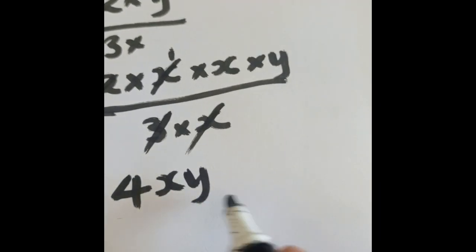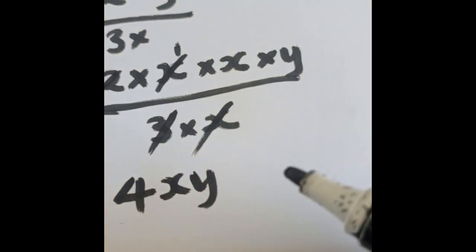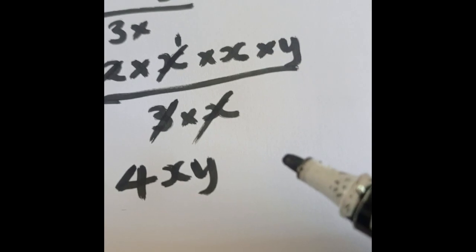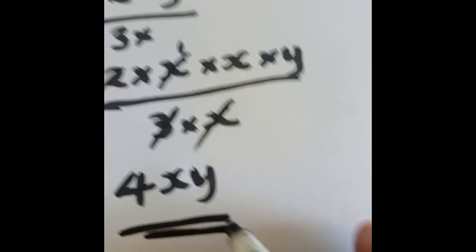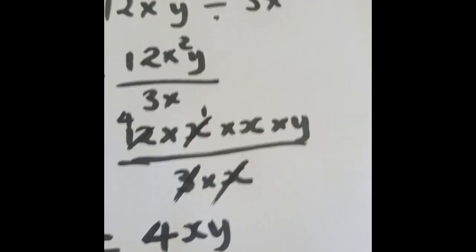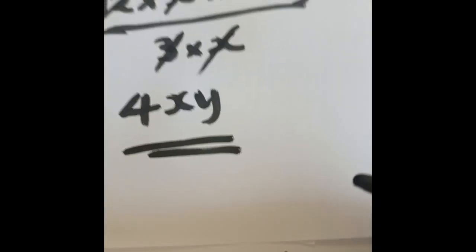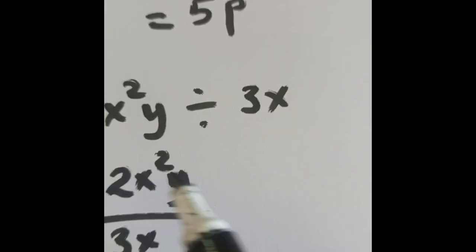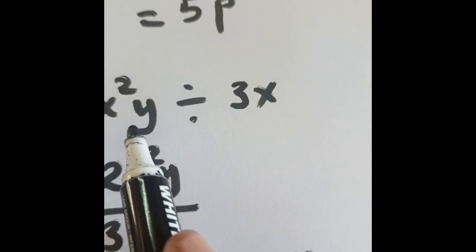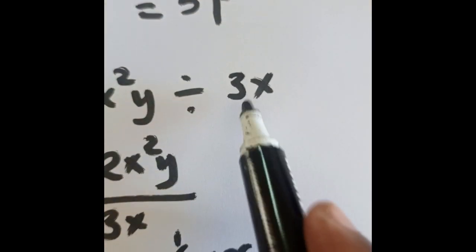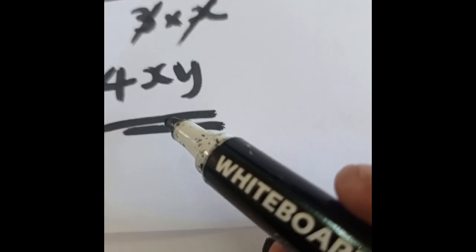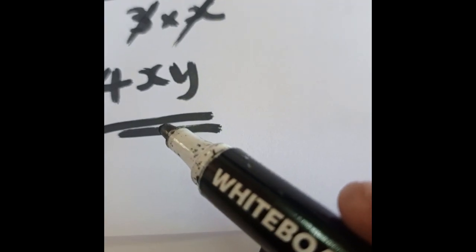Now over 1, we don't need to write 1 if the denominator is 1. So our final quotient, that is the result after division, for 12x squared y divided by 3x is actually 4xy.